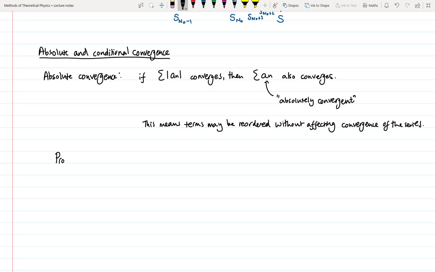So to prove this, if the infinite series of the absolute value of terms converges to some value, then Cauchy's criterion holds. This is the criterion that we encountered a few minutes ago.